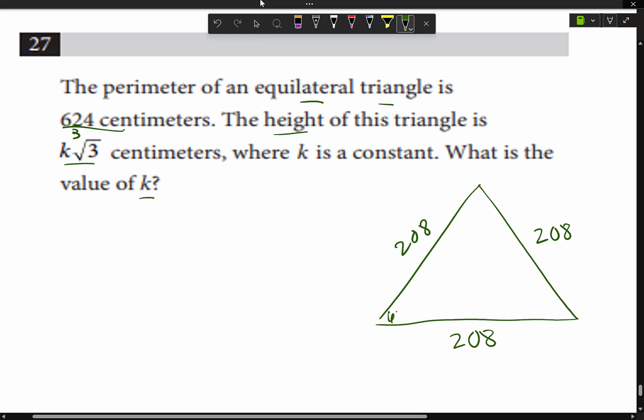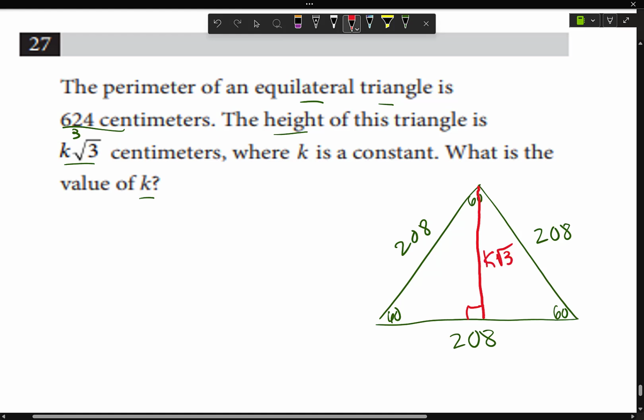Since it's equilateral, it's also equiangular. So all angles are 60 degrees. The height of this triangle is k radical 3. So the height can be demonstrated by a vertical from this vertex straight down, forming a 90-degree angle. But this is k radical 3.